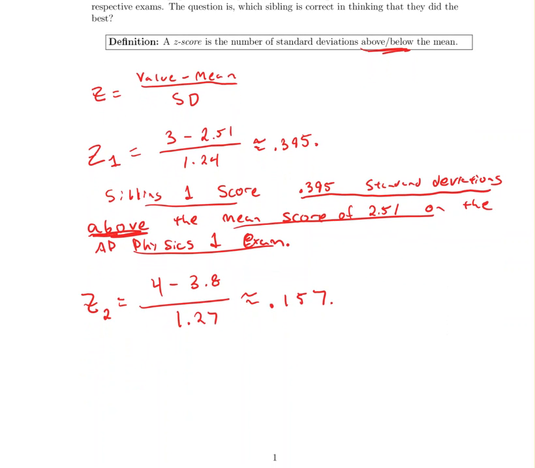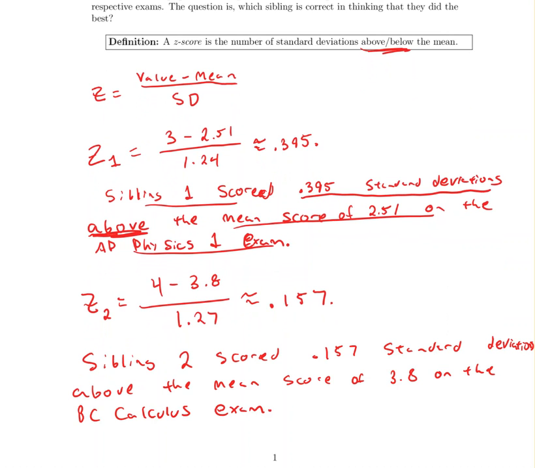So what that means in the context of our problem is that sibling 2 scored 0.157 standard deviations above the mean score of 3.8 on the BC Calc exam. So again, our z-score represents how many standard deviations you are away from the mean. In this case, it's positive, so it's above the mean. And we've got some context. We're talking about this on the BC Calc exam.